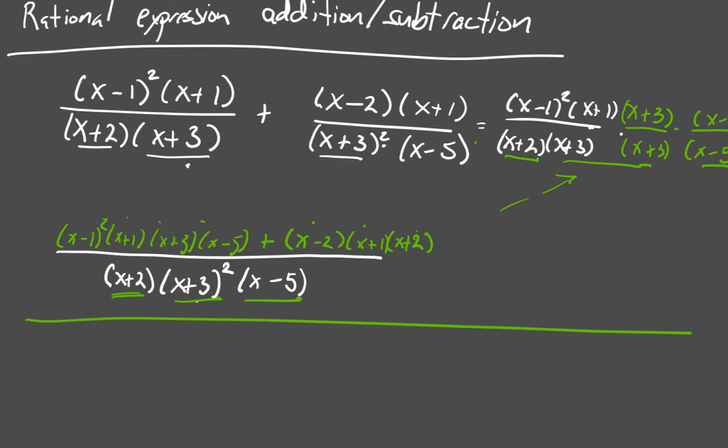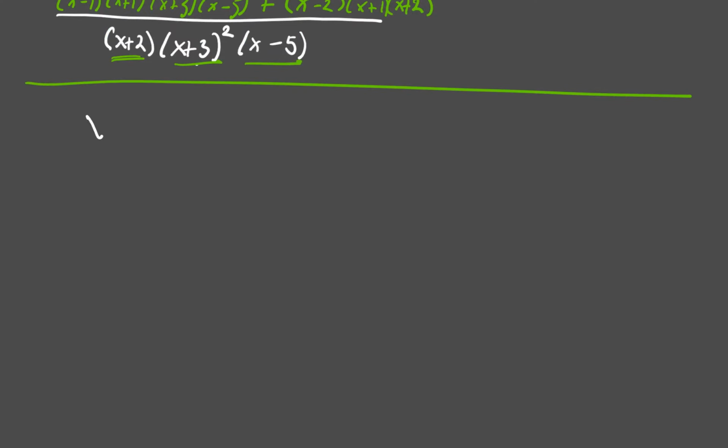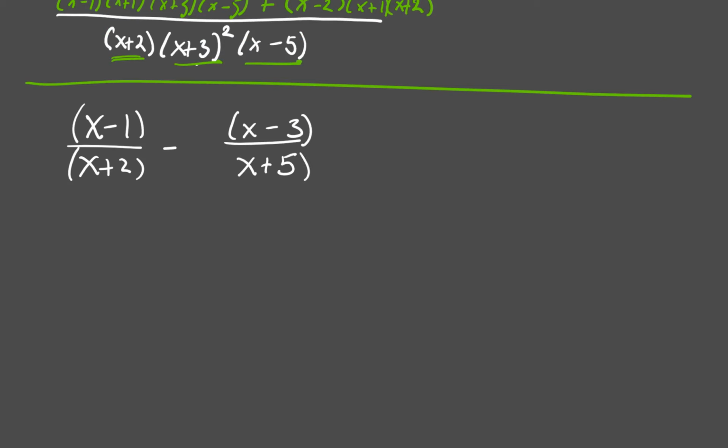Okay. Let's take x minus 1 over x plus 2. We're going to subtract from that x minus 3 over x plus 5.